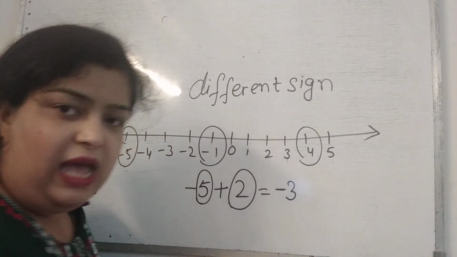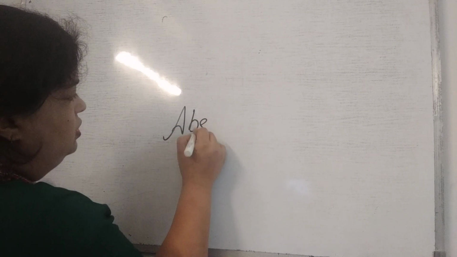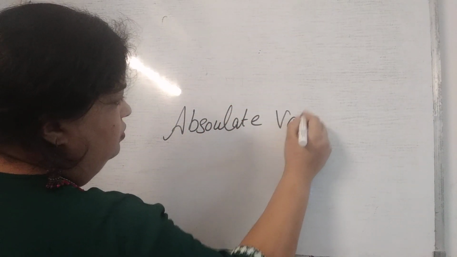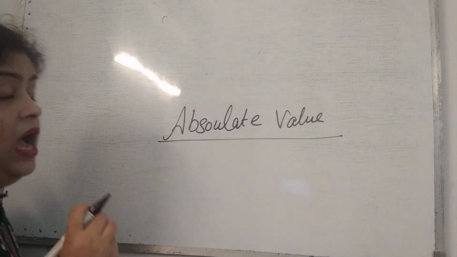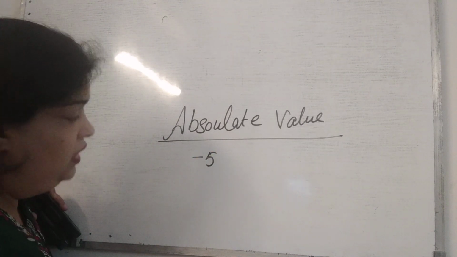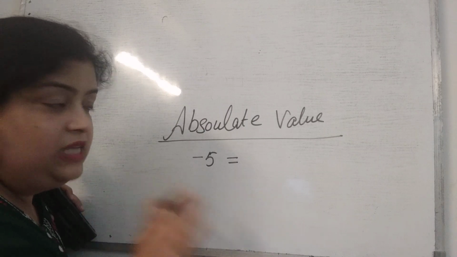Do you know what is the absolute value? I'll tell you. Absolute value. Do you know what is absolute value? A number here is negative. Okay? Absolute value means ignoring their sign.